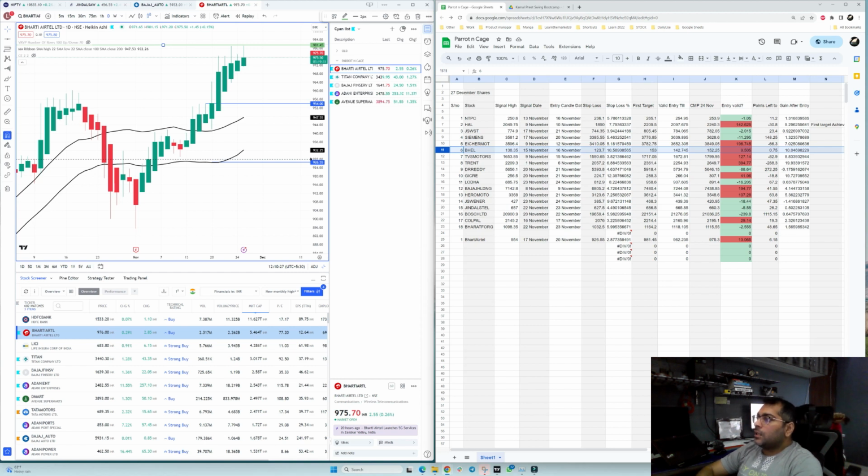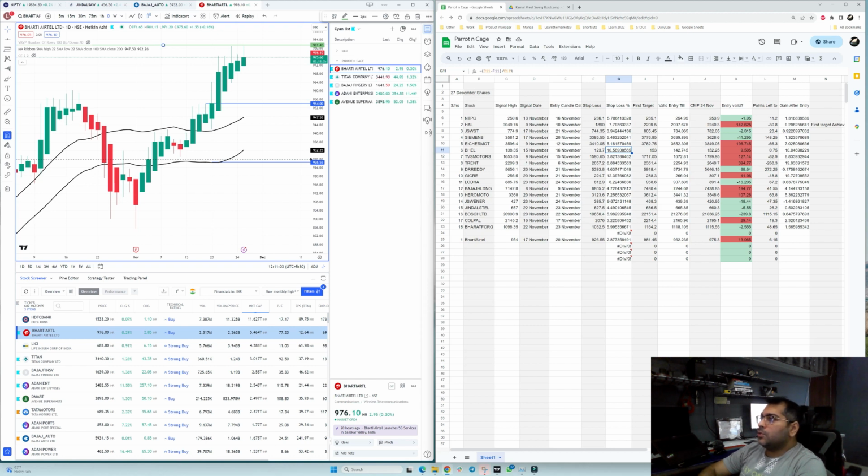Meaning the stop loss target that we created and added to our signal high as our first target was 153. Yesterday the stock price was 152.25. That means I have only 0.75 points left to capture, and the stock has already made 10.46% gains, as the stop loss was already 10.58%.